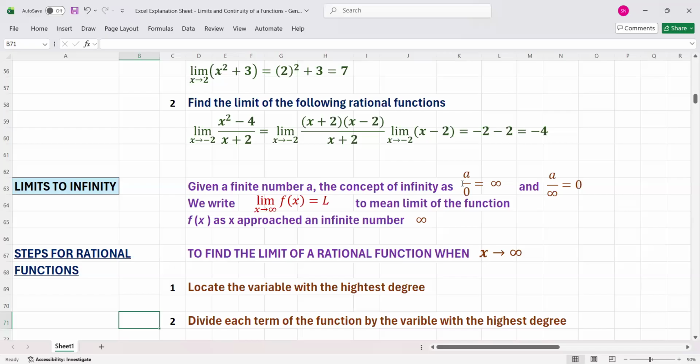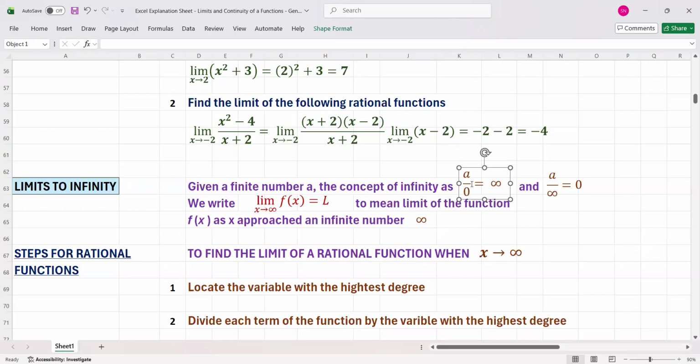Now, on your calculator, if you try to divide any number by 0, the calculator will tell you undefined. But please, the concept here is not necessarily 0. We are coming very close to 0. Yesterday I did a simulation on this. If you are approaching 0, then the function a divided by 0 should approach infinity.